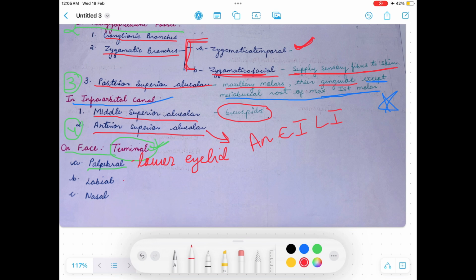Labial supplies the lips. Nasal supplies the nose region. So I hope the branches of the maxillary nerve are clear.